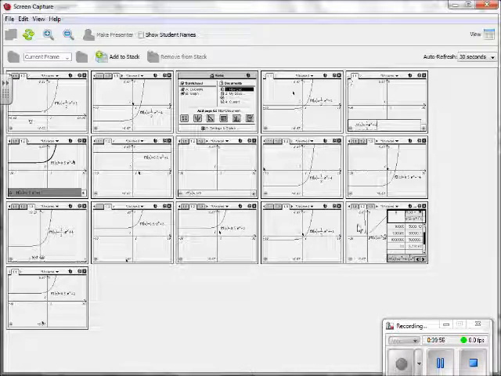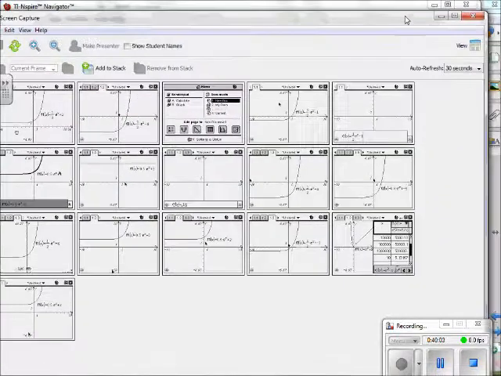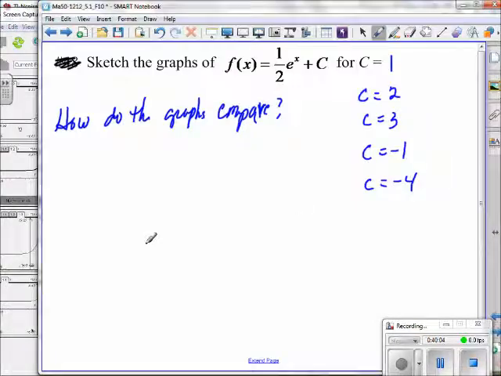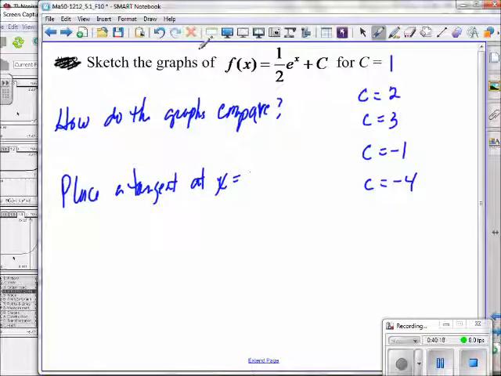Yeah, they all have about the same shape. Okay, the next thing, what I would like you to do is place a tangent at x is equal to, well, let's take a look.